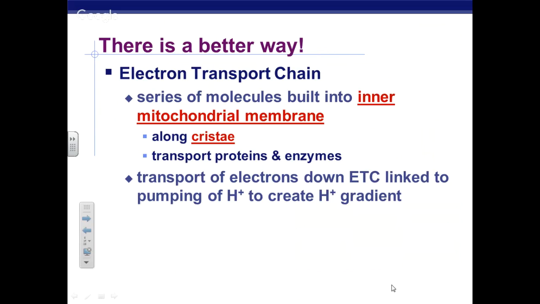The point of the ETC is just to make a hydrogen ion gradient. Do you make any ATP in the ETC? No. Eventually, that gradient will be used via a process called chemiosmosis through something called ATP synthase to make ATP. We'll get to that in a little bit.